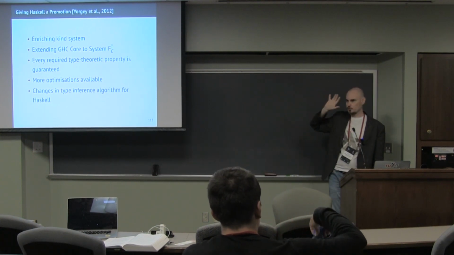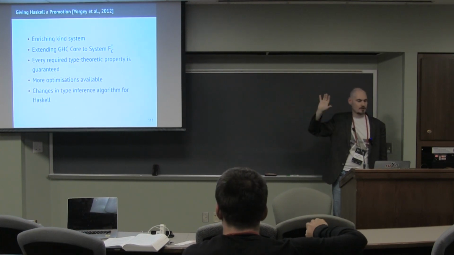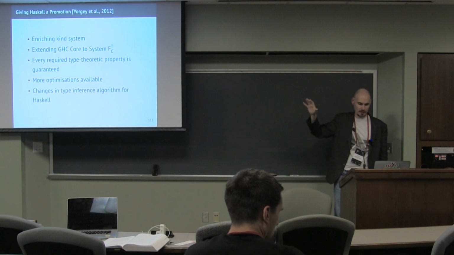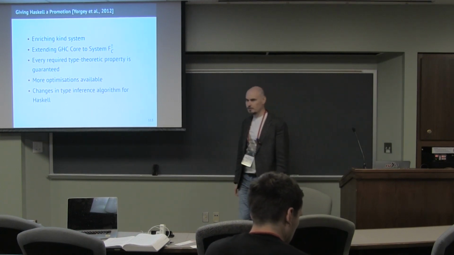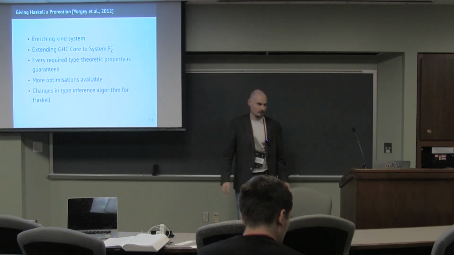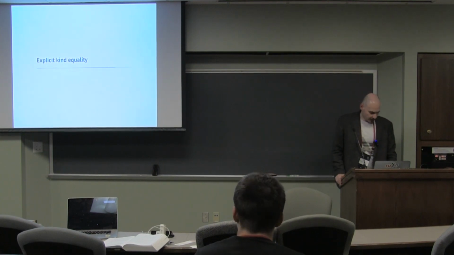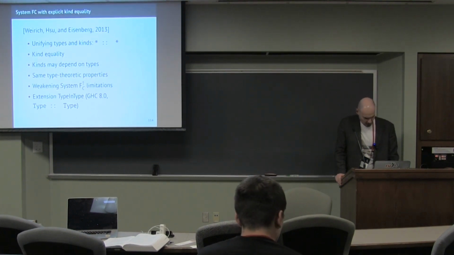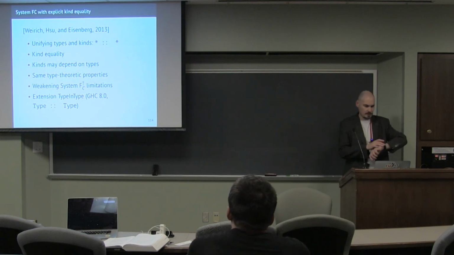And of course, they were proved: progress, preservation, every type theoretic property was proved. The type inference algorithm was changed because we had to control these new kinds and all stuff like that. The next paper here was very important to us today, and it was a paper of 2013.